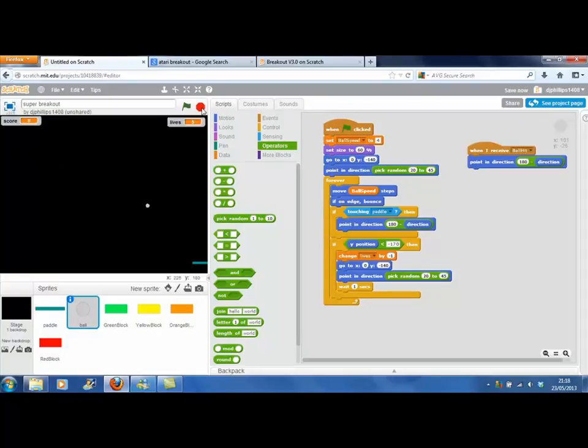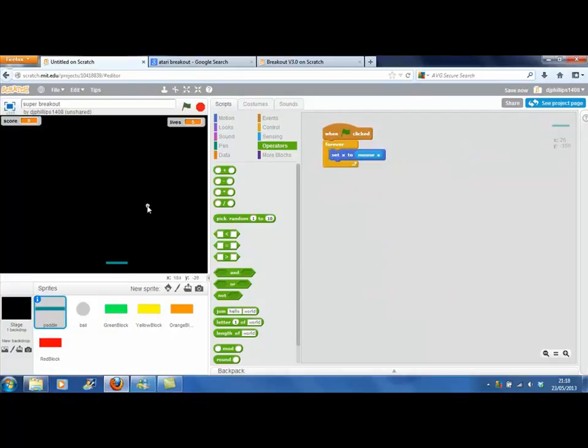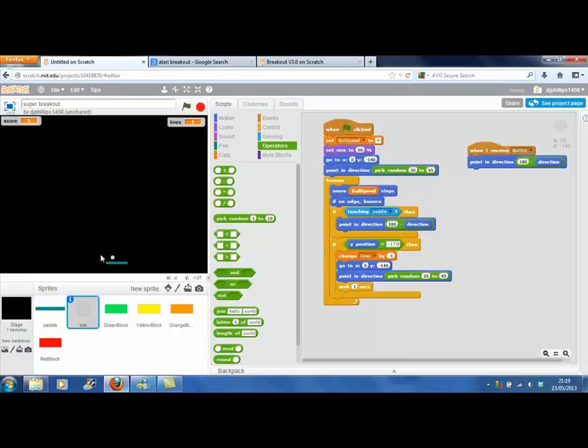To be honest with you, I find this a little bit difficult to explain. What I want to do is focus on the idea that the ball has a position on the x-axis and the paddle has a position on the x-axis.